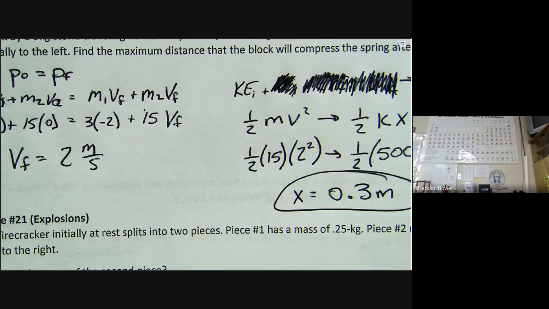Now, the final velocity of the block, eventually the final velocity will reach 0. But we're just looking at what was the velocity right after it made contact. Right after this ball made contact, the velocity of the block was 2 meters per second. So now we're looking only at the compression. The initial of the compression was 2 meters per second, where the final will just be 0.